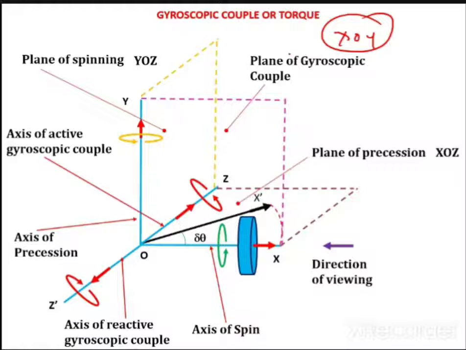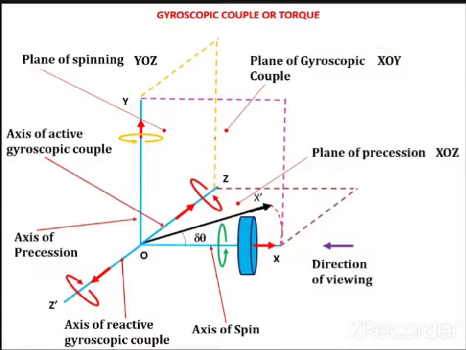But till now you have to understand that OX is the axis of spin, OY is the axis of precession, and OZ is the axis of gyroscopic couple, active and reactive. Then the plane YOZ is the plane of spinning, the plane of precession is the XOZ, and the plane of gyroscopic couple is the XOY.